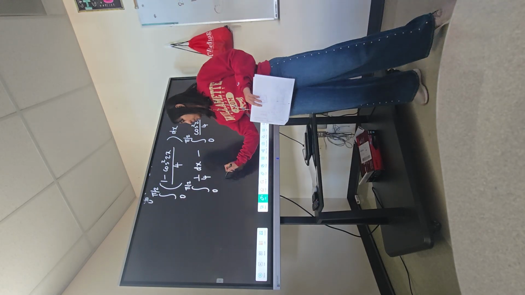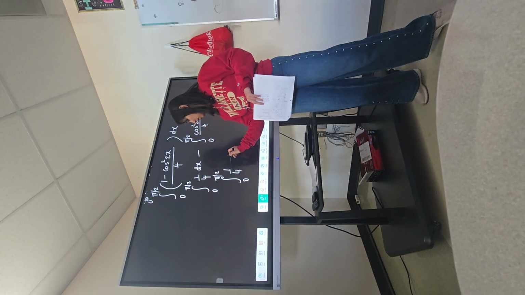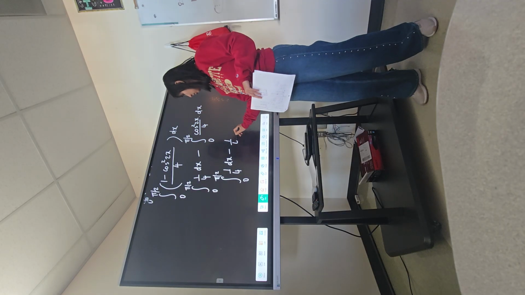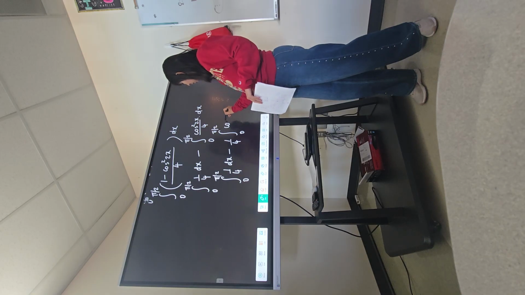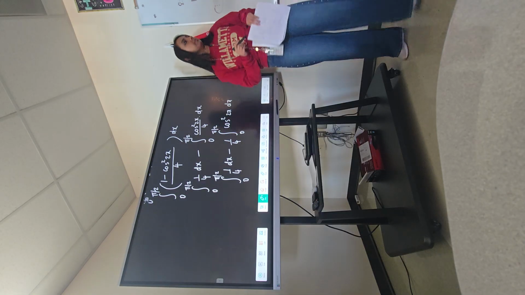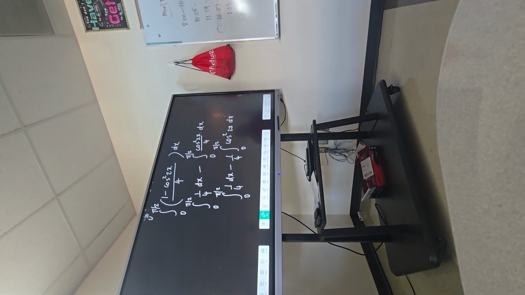Okay, this is what we're going to do. I'm going to bring the minus 1/4 out of this integral. This can be rewritten just like how we did our cosine squared x.